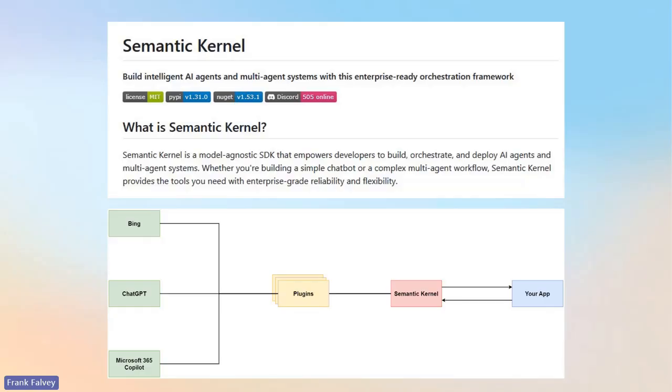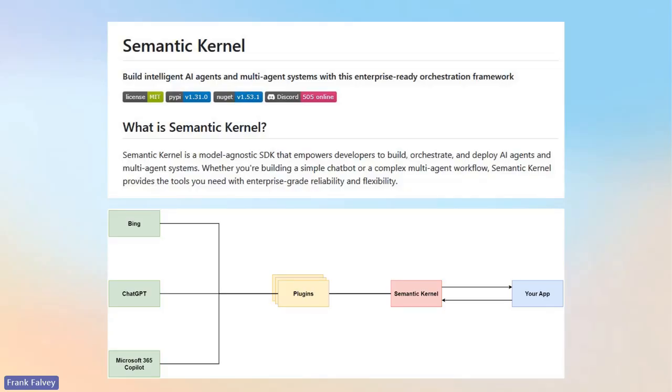The semantic kernel is a model agnostic SDK, software development kit that empowers developers to build, orchestrate, and deploy AI agents and multi-agents, whether you're building a simple chatbot or complex multi-agent workflow, the semantic kernel provides the tools you need with enterprise-grade reliability and flexibility.